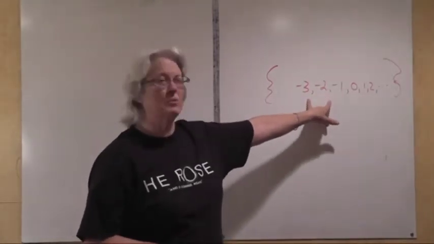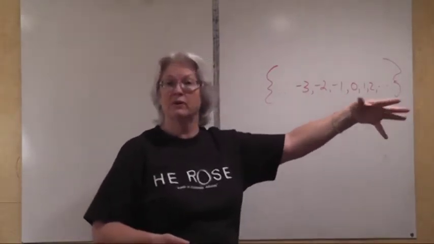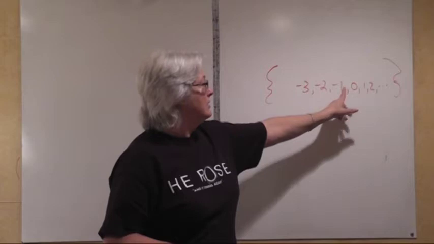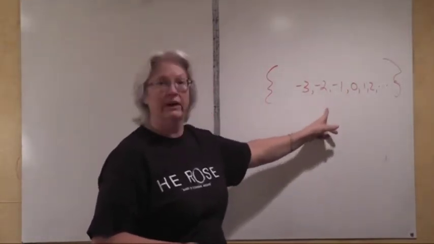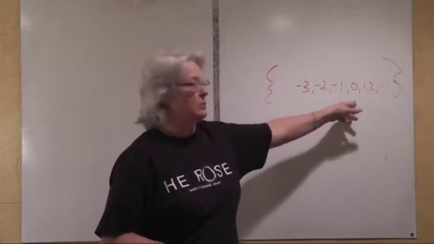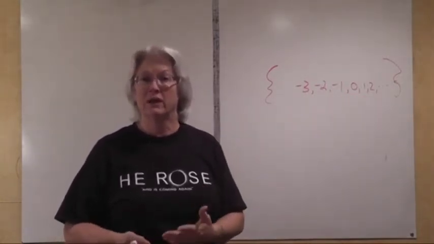So you can almost think of the set of integers as being counting numbers, 1, 2, 3, 4, 5, 6, 7, negative counting numbers, which are the opposite of counting numbers, negative 1, negative 2, negative 3, plus 0. 0 itself is neither positive nor negative.